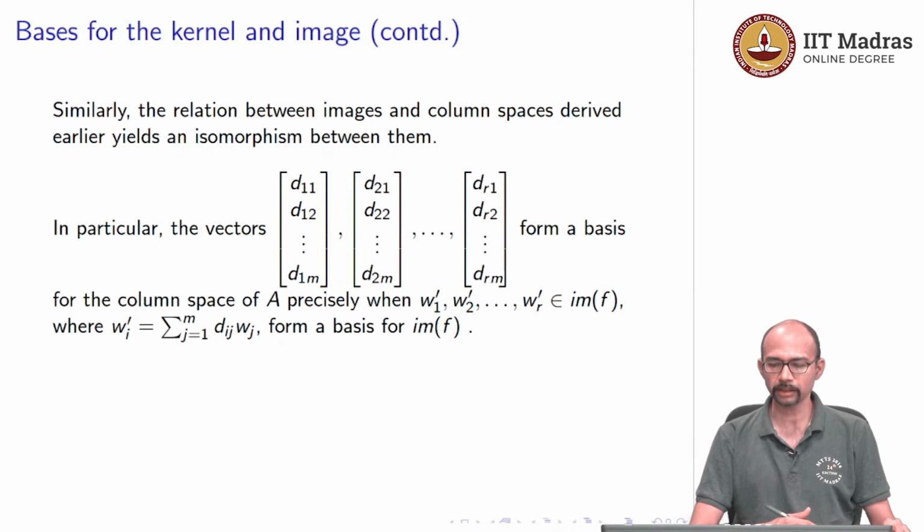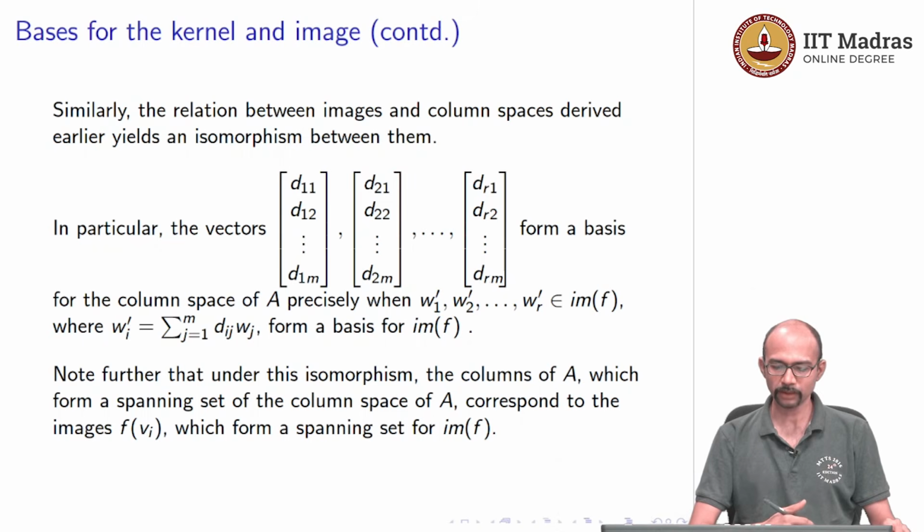So, if we consider the column vectors d11, d12, ..., d1m, d21, d22, ..., d2m, dr1, dr2, ..., drm, then these form a basis for the column space of A precisely when the corresponding linear combinations of the Wj's, Wi prime equal to summation j is 1 through m dij wj, form a basis for the image of F. So, this follows because of the previous isomorphism that was discussed.